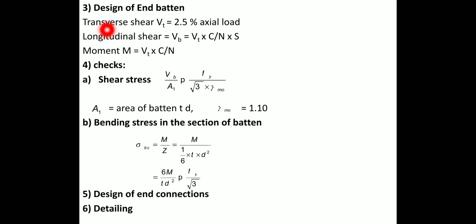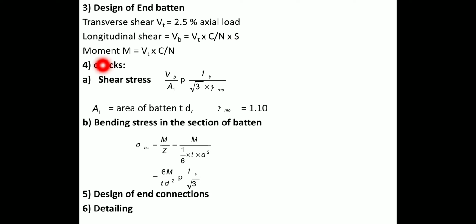Third design step, design of end batten. Here we first consider the tangential shear, where V is denoted by the shear and Vt stands for transverse shear. Vt is equal to 2.5 percent of the axial load. Longitudinal shear, denoted by Vb, is equal to Vt into C by N into S, where S is the spacing.